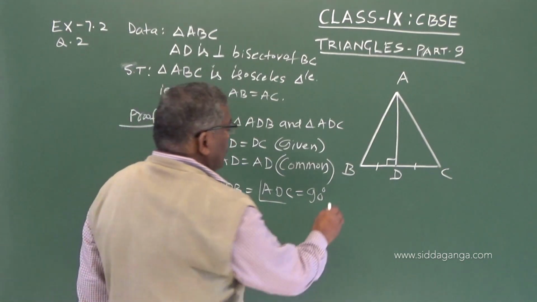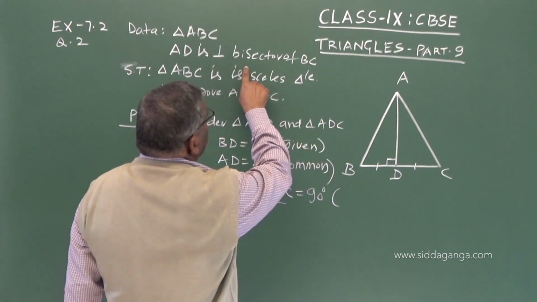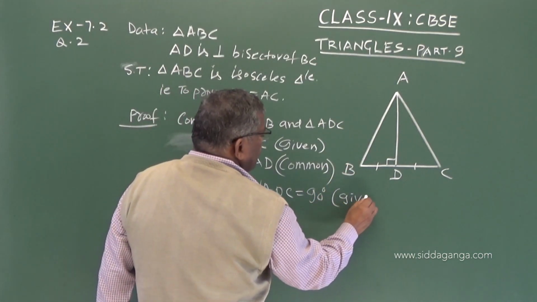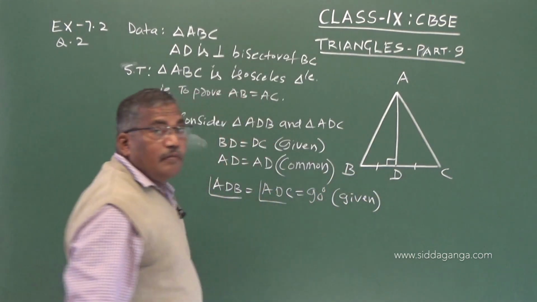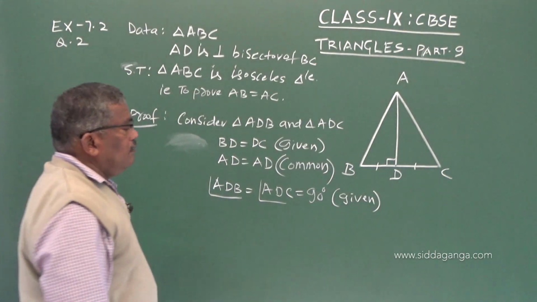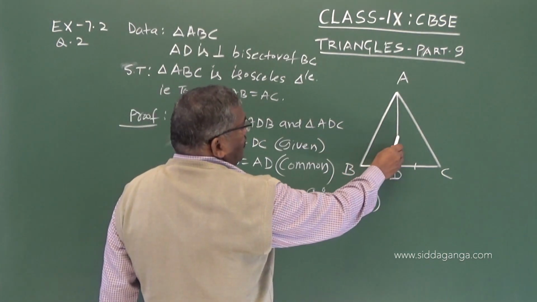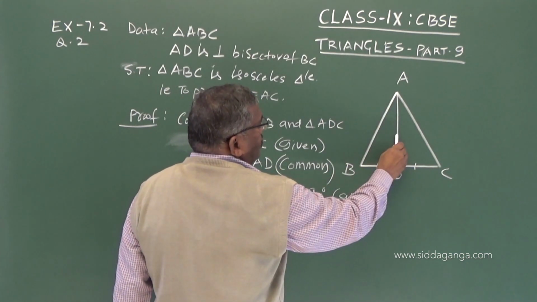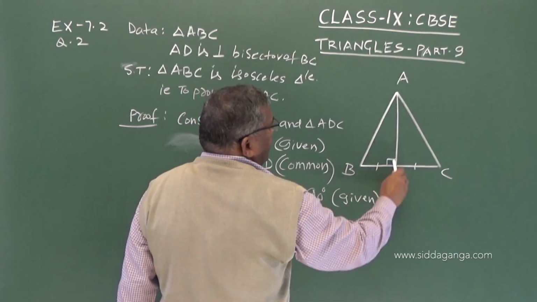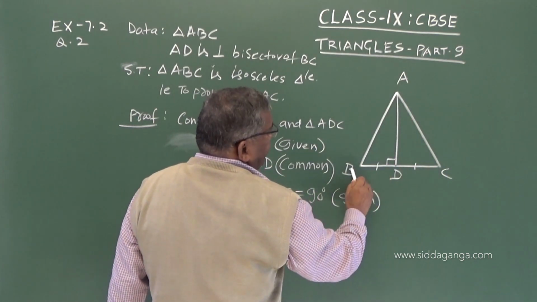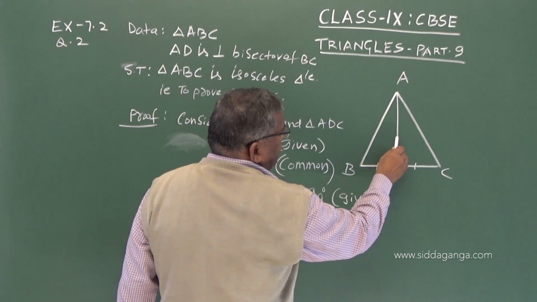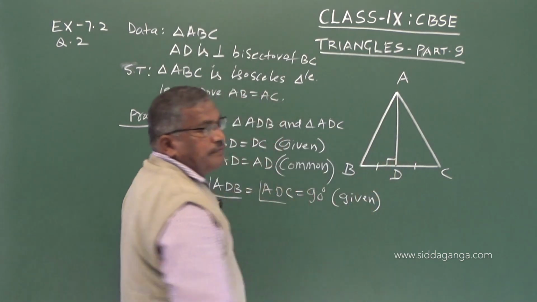So because it is given, it's a perpendicular bisector, I will say it is given data. So now, AD is common, BD is equal to DC. So side angle side.